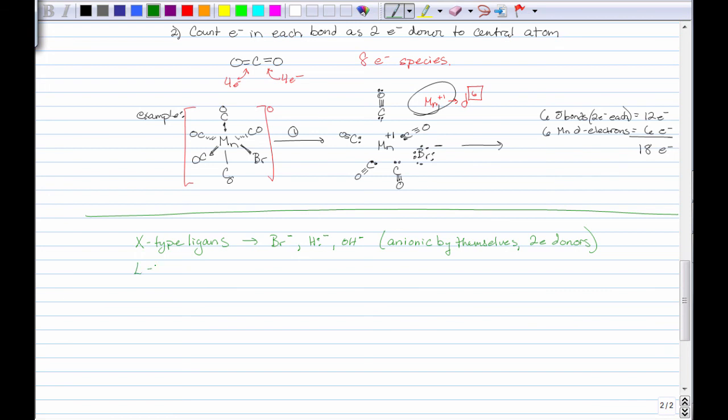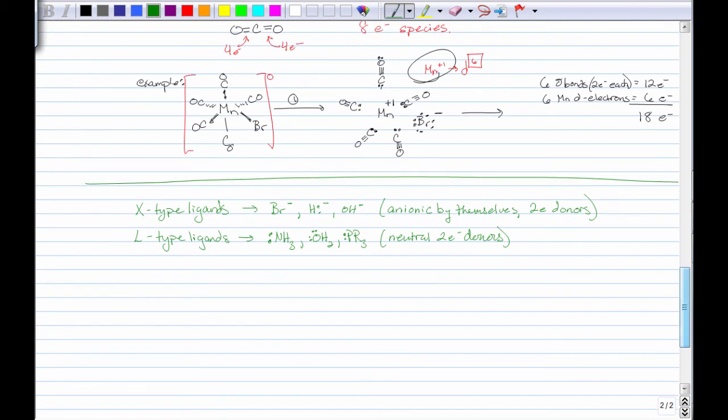There are L-type ligands, and these are the neutral 2-electron donors like amines, waters, or ethers, or alcohols, and things like trialkyl phosphines. These are the neutral 2-electron donors.